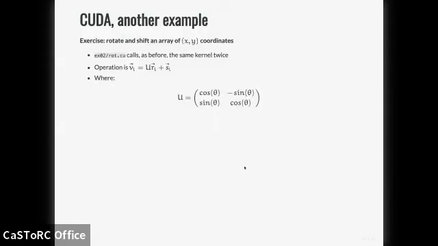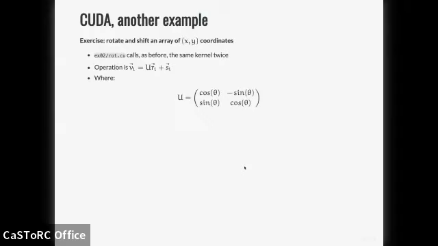The operation that is done here is a rotate and shift operation. Basically you have an array of two-dimensional vectors, so an array of x and y coordinates.